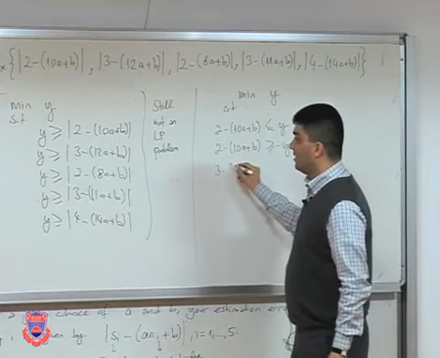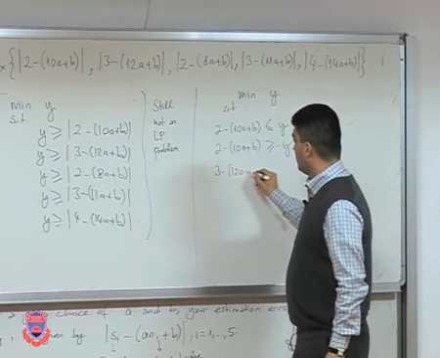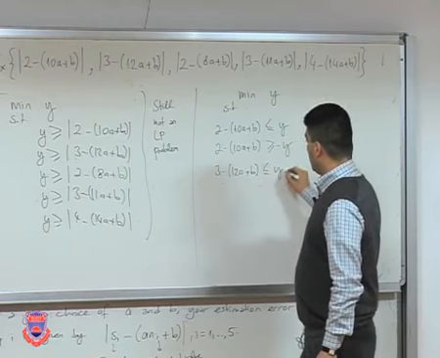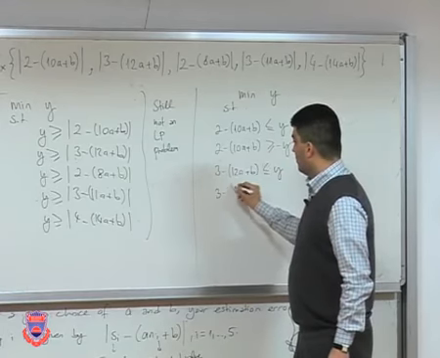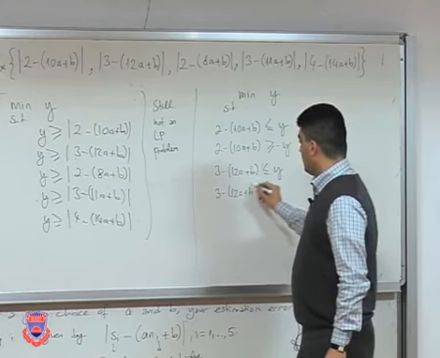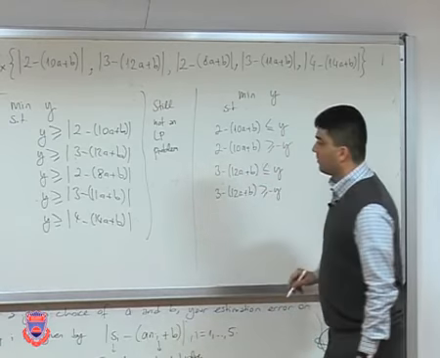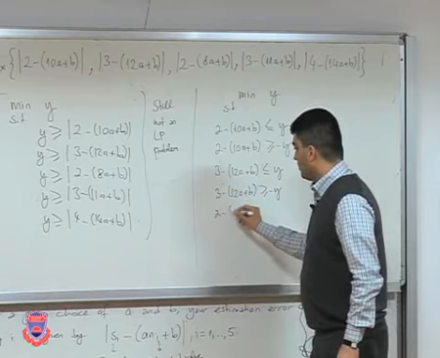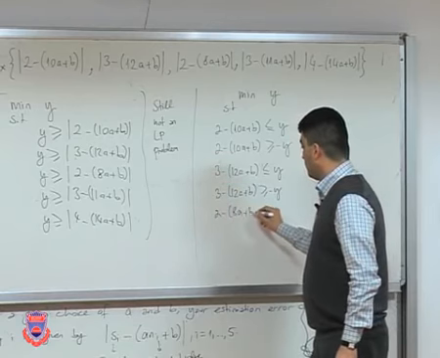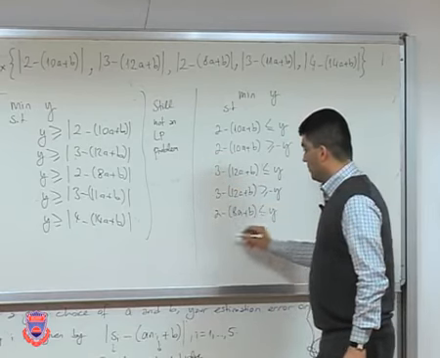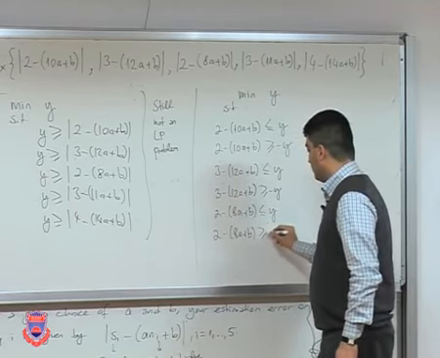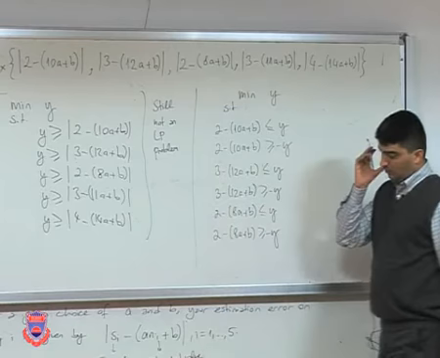So 3 minus 12a plus b is less than or equal to y, and 3 minus 12a plus b is greater than or equal to minus y. Then I'm going to look at the third one. 2 minus 8a plus b is less than or equal to y, and 2 minus 8a plus b is greater than or equal to minus y.